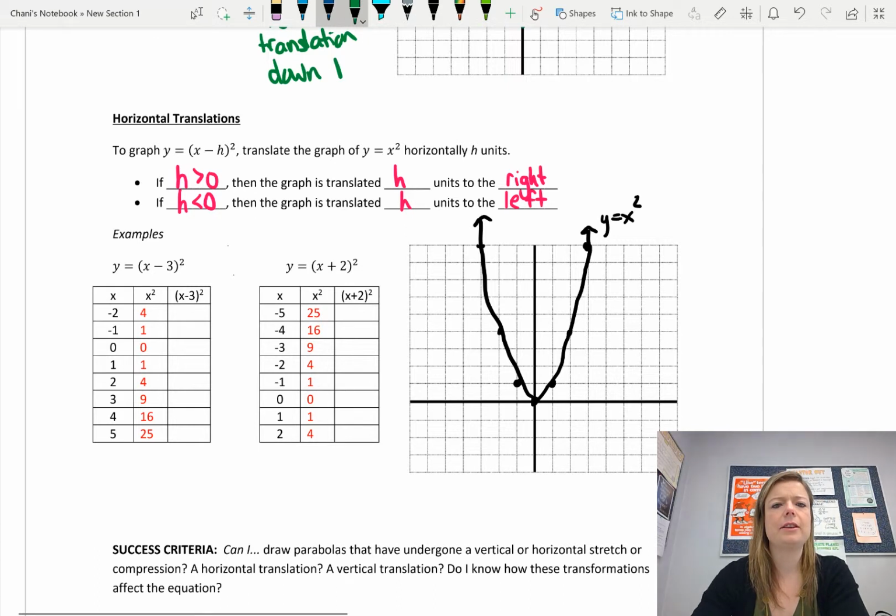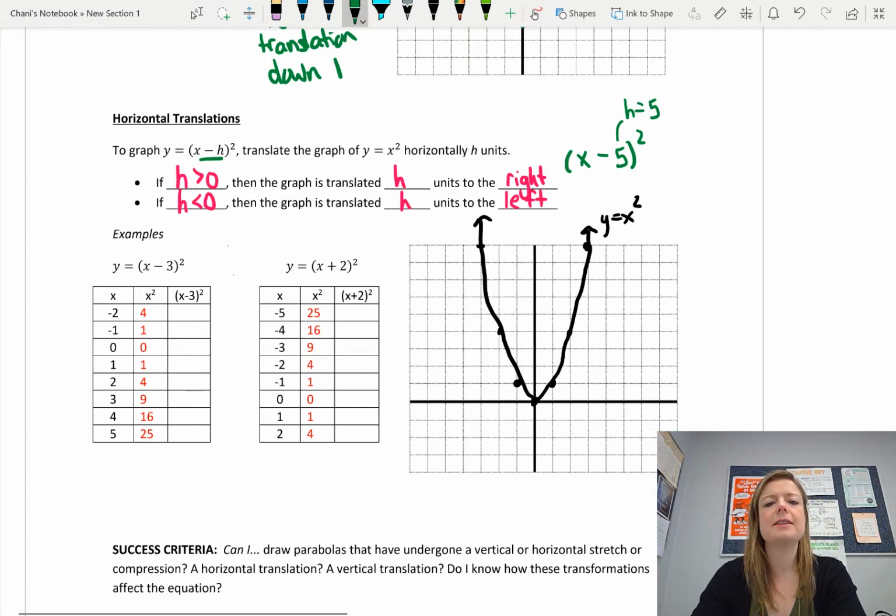So let's take a look at this. To graph x minus h all squared, translate the graph h units. So be careful, because if h is greater than 0, that actually means you have something like x minus 5, for example, all squared. So in this case, h is equal to 5, because notice that the general form has subtraction.